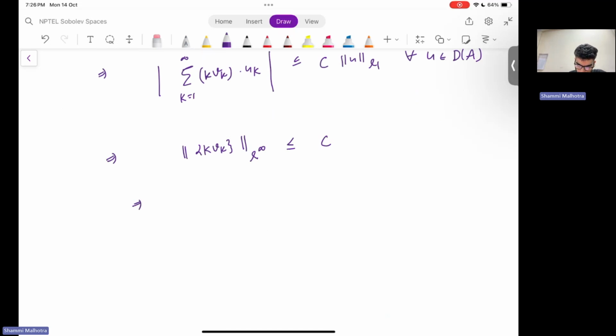This proves that v, which lies in dA star, will actually lie in S only, and this implies dA star is equal to S only. So this will prove that dA star is given by this form only.